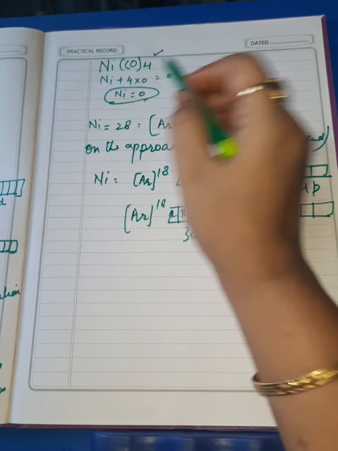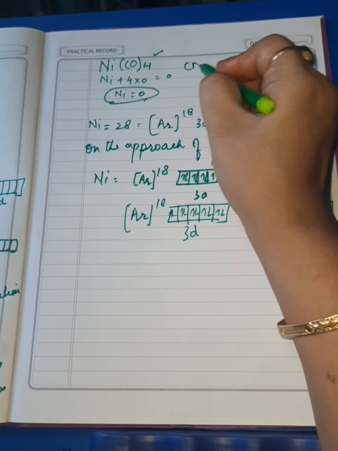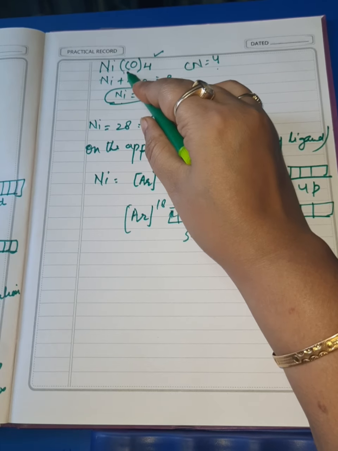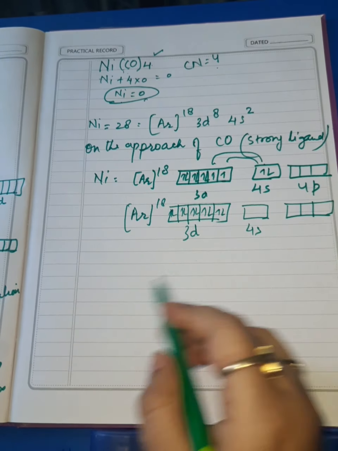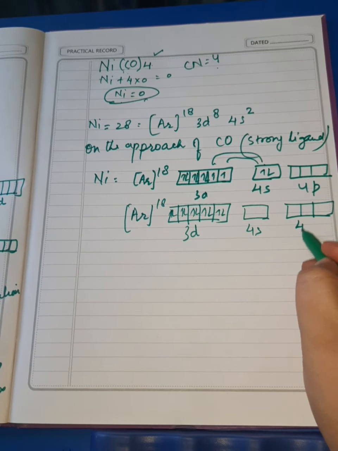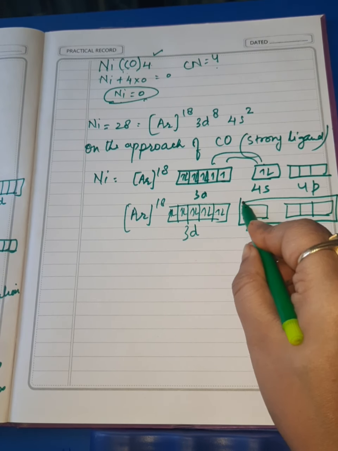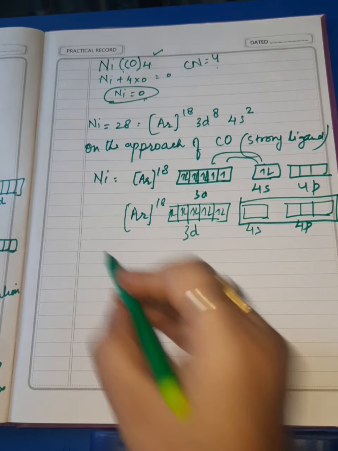Now nickel has to form, its coordination number here is 4, that means nickel has to form 4 coordinate bonds with 4 carbonyl ligands. So these 4 orbitals, 1 4s and 3 4p orbitals will undergo hybridization.